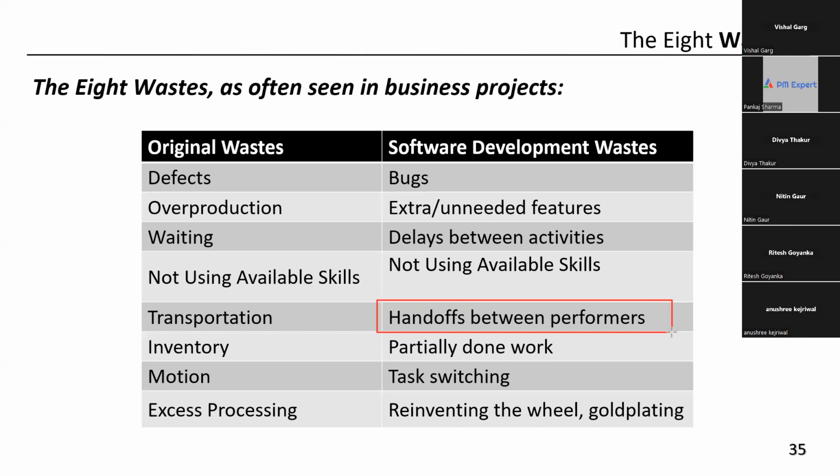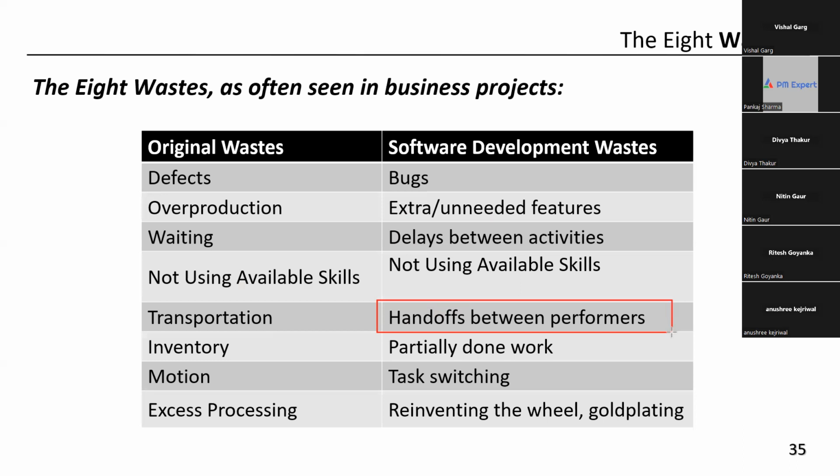Sir, I'll tell you, handoffs means, suppose Ishan sends an email to Ritesh. Now it lies in the email box of Ritesh for, let's say, 3 or 4 hours. If people are dependent on each other, such handoffs will happen.